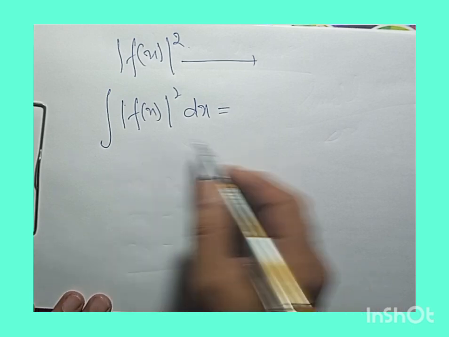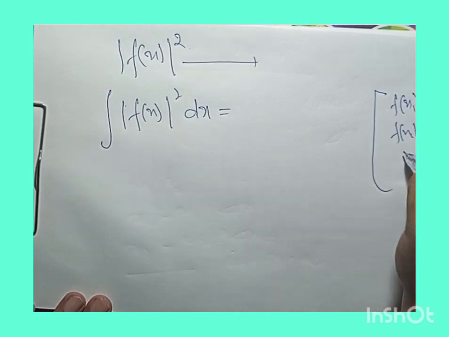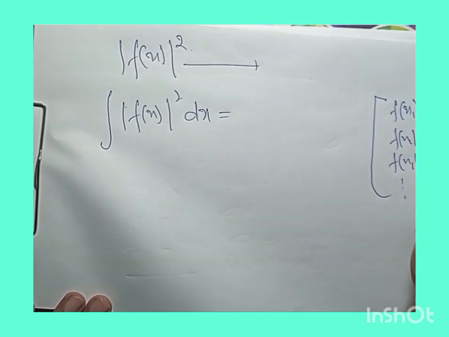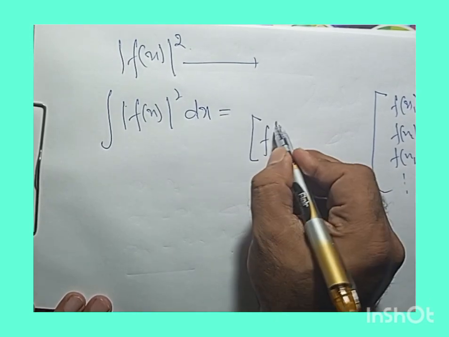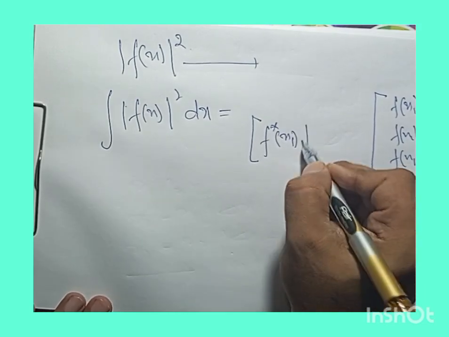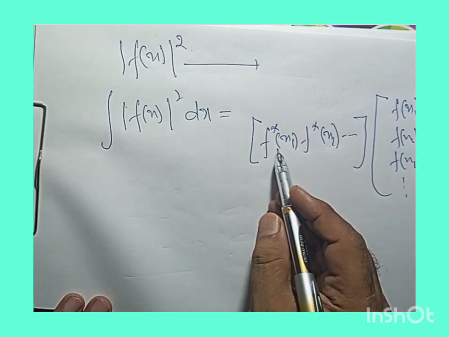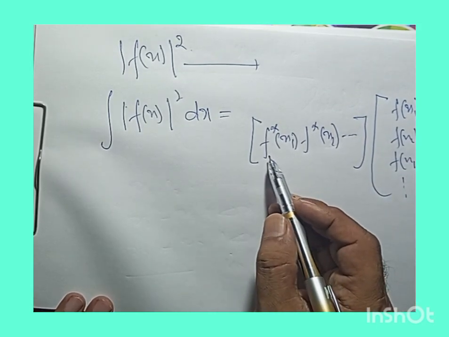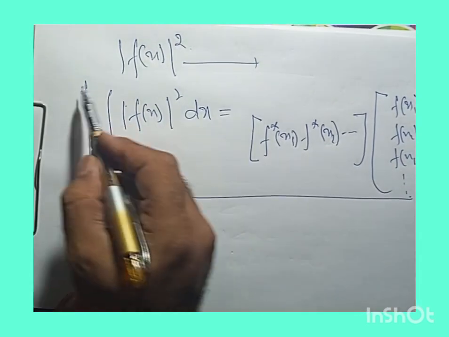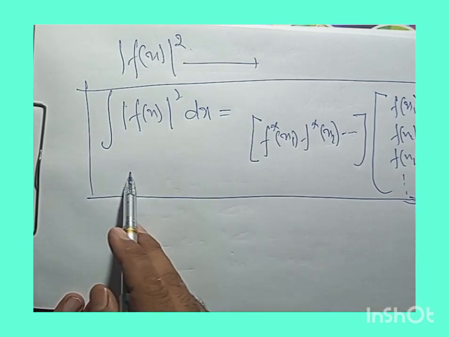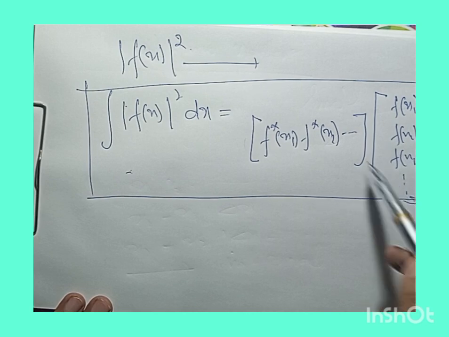We can have a column matrix, f of x1, f of x2, and f of x3, and so on and so forth, and we multiply this with a row matrix of these functions, f star of x1, f star of x2, and so on and so forth. Star means the complex conjugate of these functions. What is important is that this is an equivalence of this square integrable function: it is equivalent to the product of these two matrices, a column matrix and a row matrix.